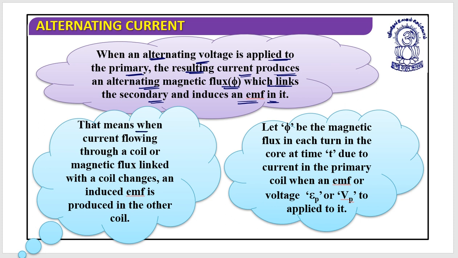That means when the current flowing through a coil or the magnetic flux linked with a coil changes, it induces EMF in the other coil. Let phi be the magnetic flux in each turn in the core at time t, due to current in the primary coil, when an EMF or voltage EP or VP is applied to it.